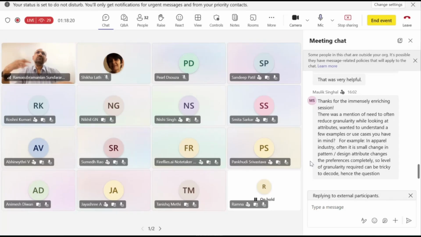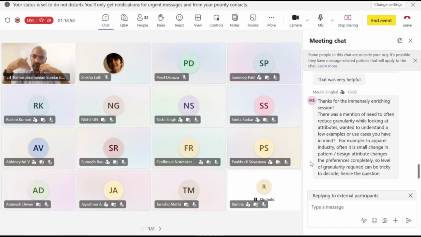One very simple rule of thumb would be something like this. Let's take the example of apparel. If you have a preference for, say, solids over checks, but you buy a bunch of colors, then the fact that there's a lot more entropy on colors and a lot less entropy on pattern gives me the information that pattern is a more important attribute and it is something that I need to track more closely.